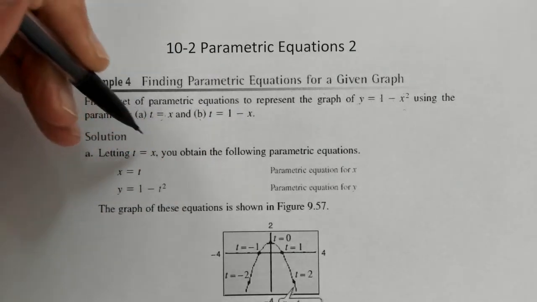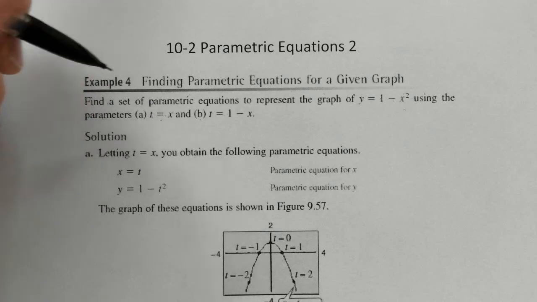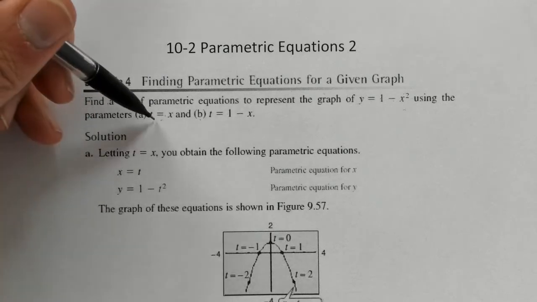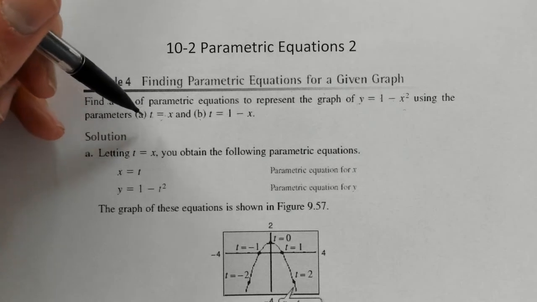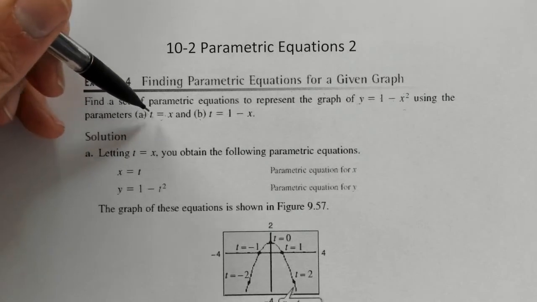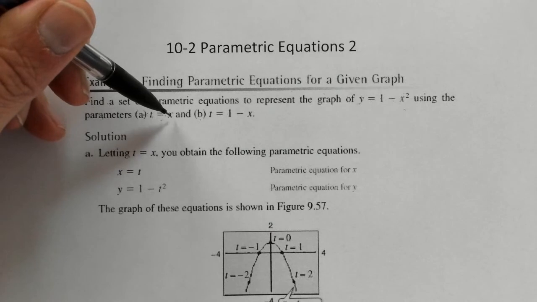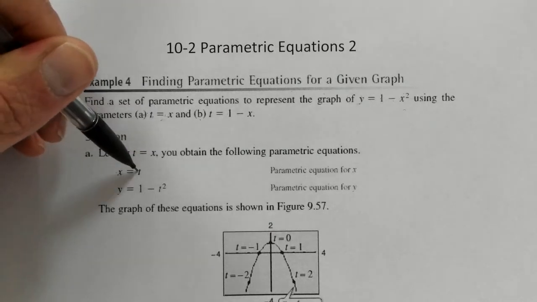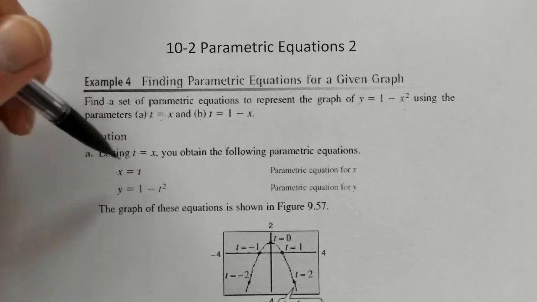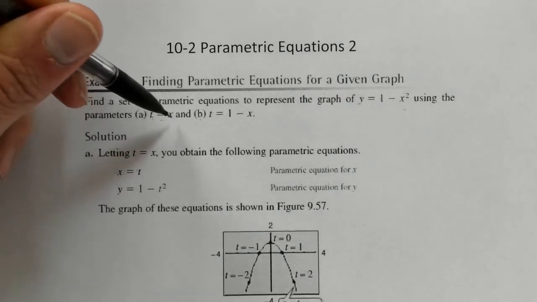They've given us a parameter, so how do we do that? The first thing we want to do is take the parameter and solve it for x, and that's my x parametric equation. In this one it's really easy because it's already x equals t. So that is your parametric equation for x. Now, how do we make a parametric equation for y?